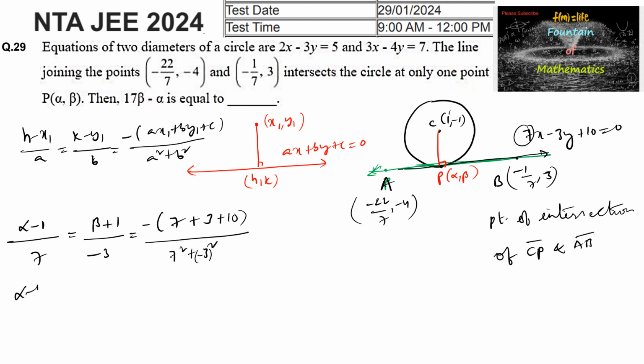So alpha minus 1 upon 7 is equal to beta plus 1 upon negative 3 is equal to minus of 7 plus 3 plus 10, that is minus 20, divided by 49 plus 9, that is 58.